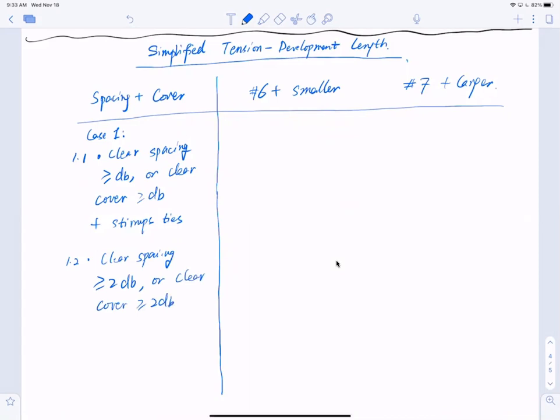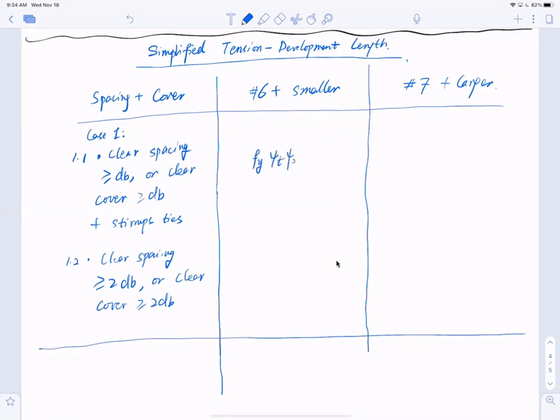All right, now in this big category here, if you have number 6 bars or smaller, you use a different equation. This equation is Fy psi_t psi_e, you still use the factors defined earlier, divided by 25 lambda square root f'c, multiplied by dB.